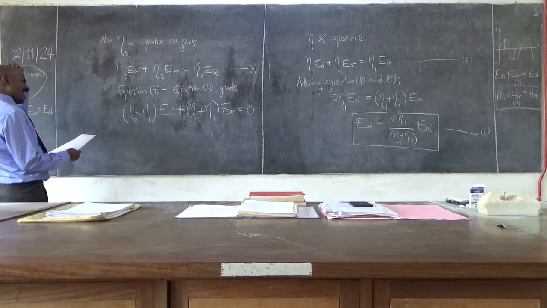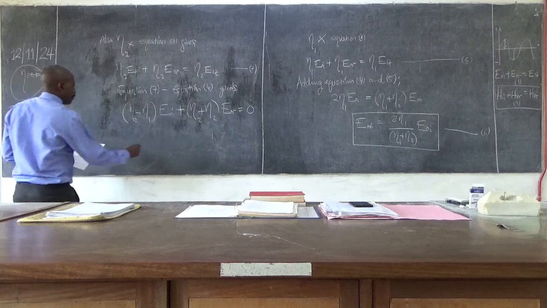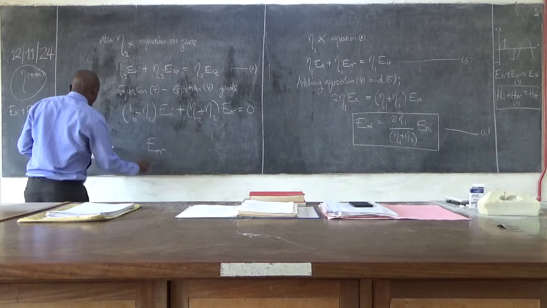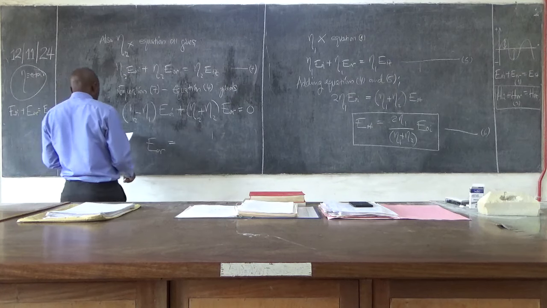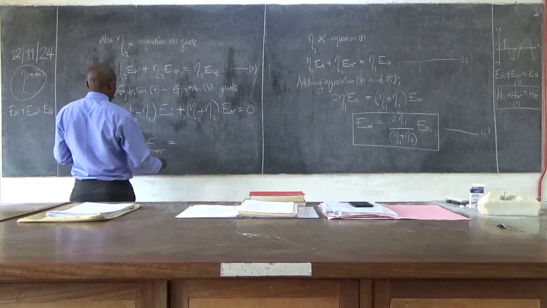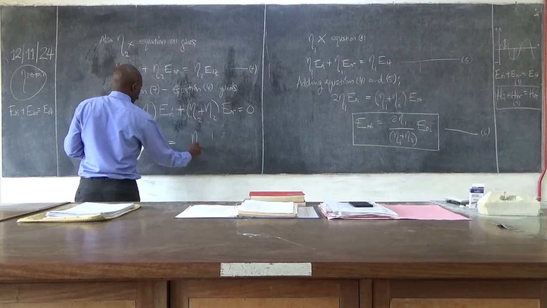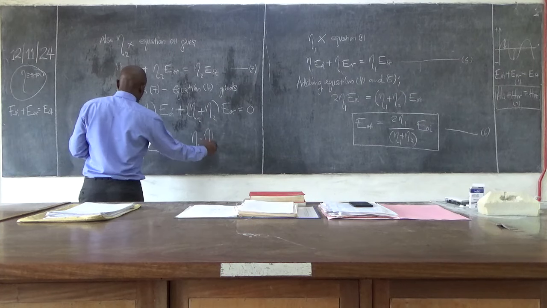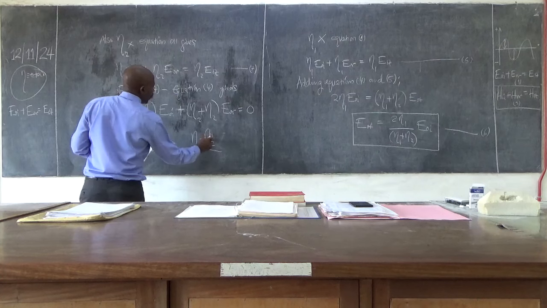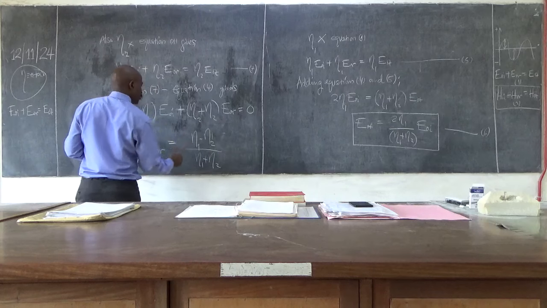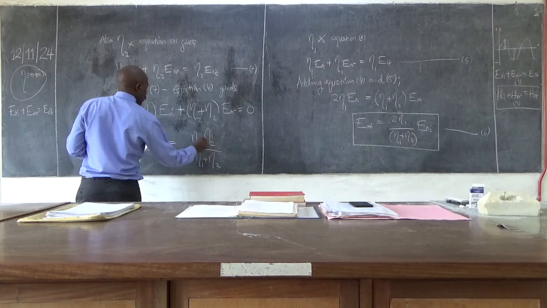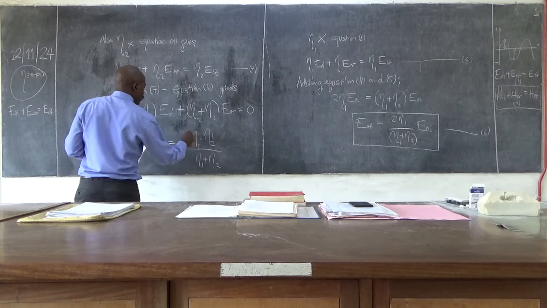And making E naught R the subject would be the same as eta 2 minus eta 1 over eta 1 plus eta 2 times E naught I. Write it down if there are names.